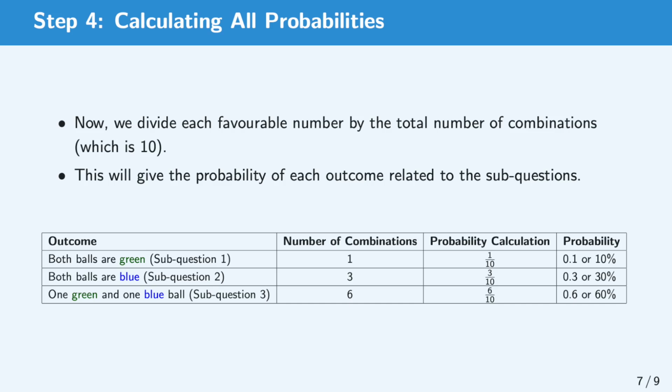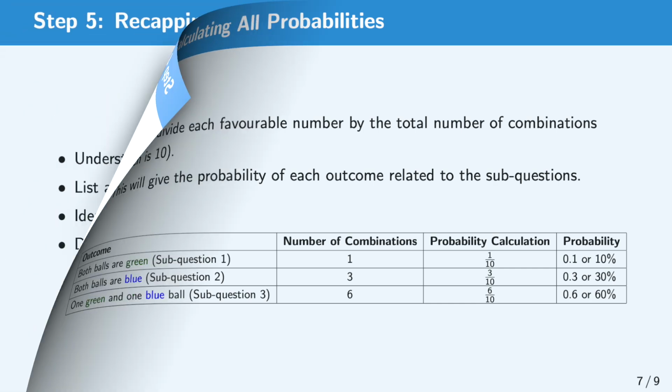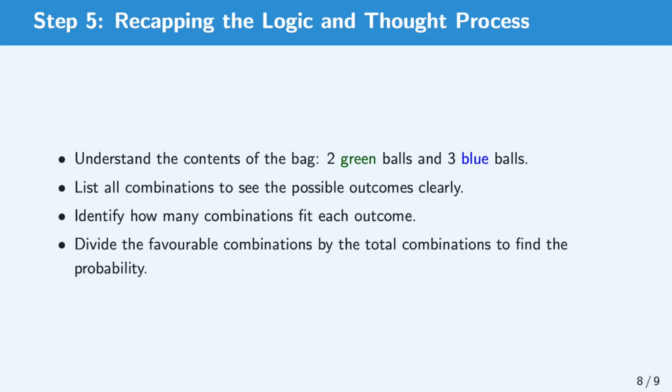For sub-question 3, there are 6 favourable combinations in rows 5 to 10, so the probability is 6/10, which is 0.6 or 60%. This breakdown gives us a clear idea of how likely each outcome is. If you need a moment to review the numbers, pause the video and take your time. When you're ready, let's move on to the next slide for a recap of the whole process.